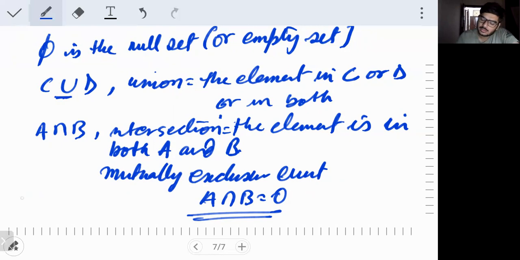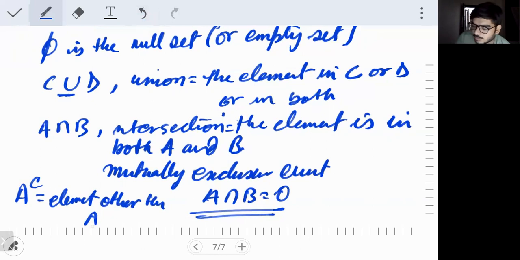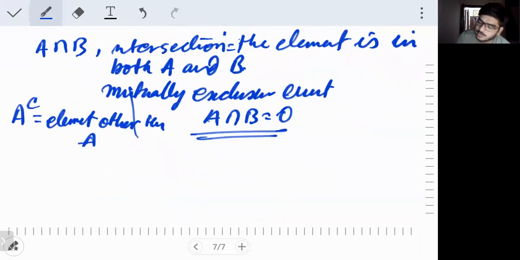Then there is A complement, which simply means the elements other than A.